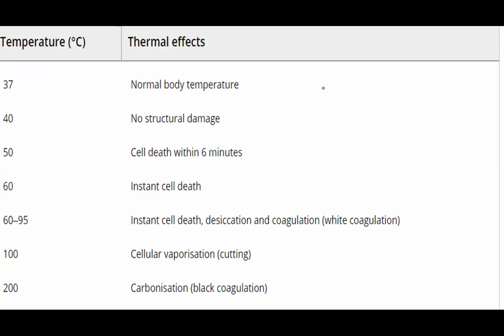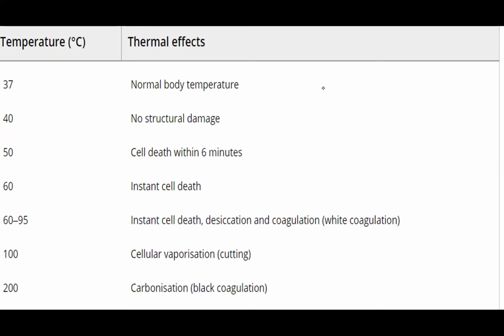Let us see the various temperatures and their thermal effects on tissue. Of course, 37 is normal body temperature. When the temperature rises to 40 degrees Celsius, no structural damage.